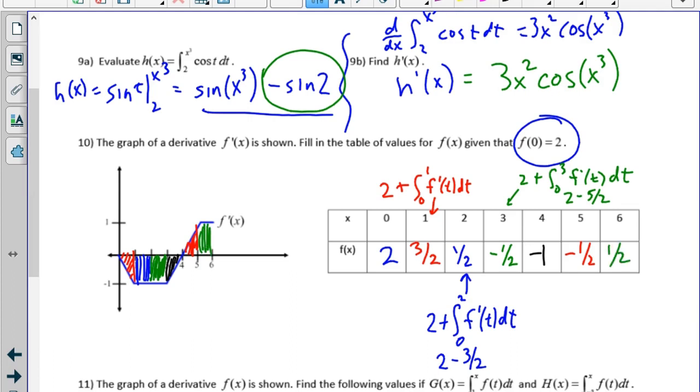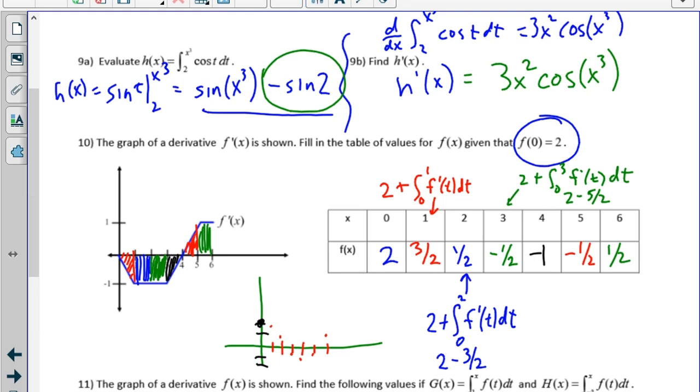If I wanted to graph f of x, I know that I start at 2. Then I'm down to 3/2, 1/2, -1/2, -1, -1/2, and 1/2.